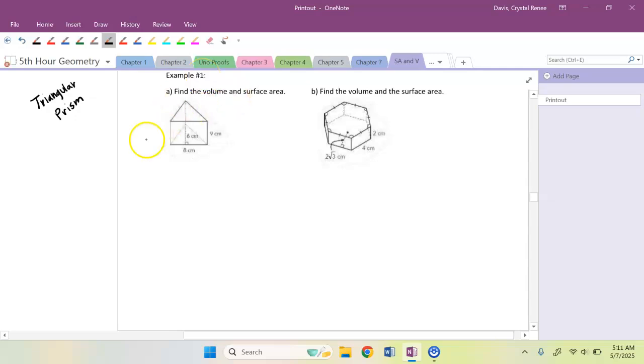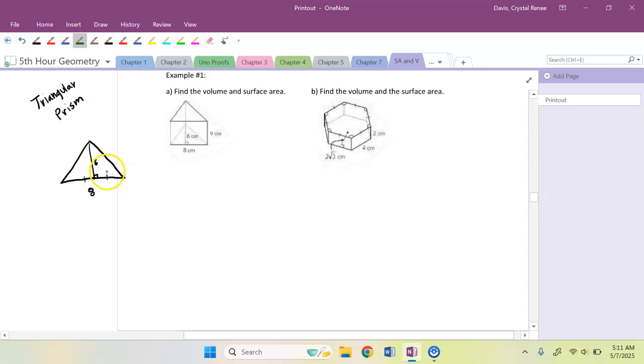Now the first thing I always do is draw out the base. Okay, so my base is 8, and this is 6. We're going to pretend for now that this and this are equal. It'll just make our lives a little bit easier.